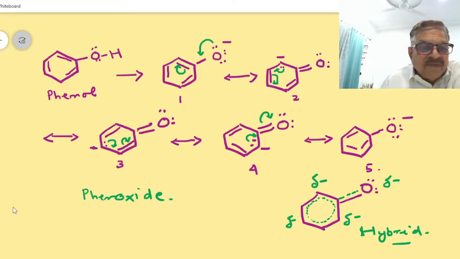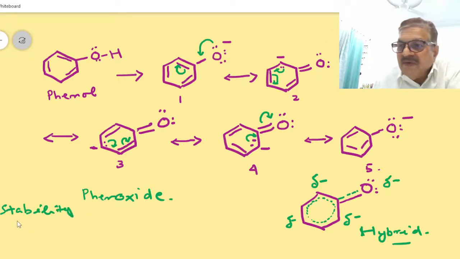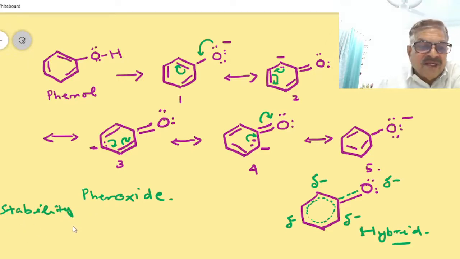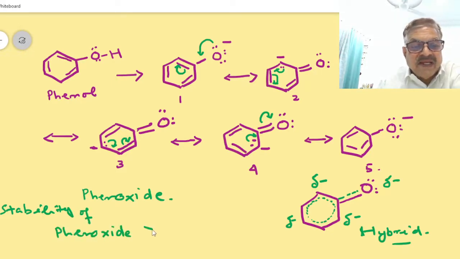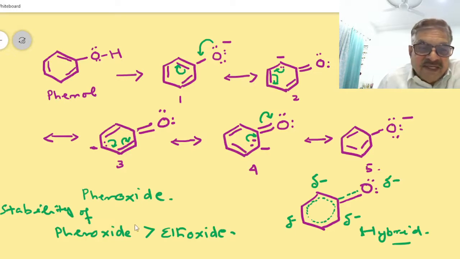If you see the stability of phenoxide, phenoxide is more stable than ethoxide, the stability of phenoxide is greater than ethoxide, but less stable than acetate.